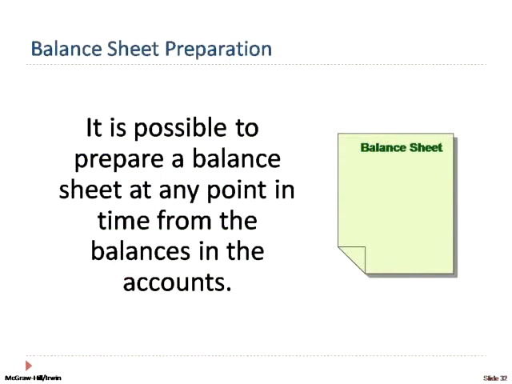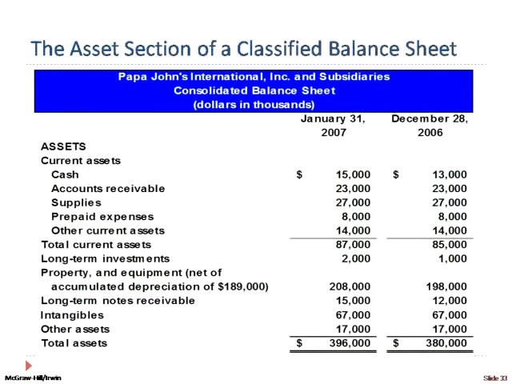We can prepare a balance sheet at any point in time by listing the balances in the asset, liability, and stockholders' equity accounts. Here is the asset section of the balance sheet of Papa John's for the periods ended January 31st, 2007 and December 28th, 2006. At January 31st, 2007, the total assets were $396 million.